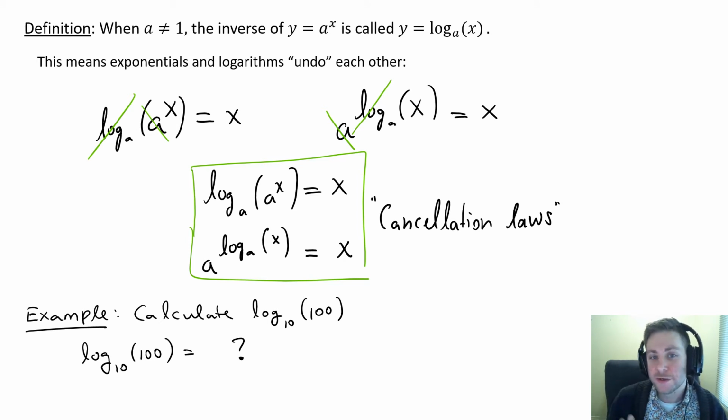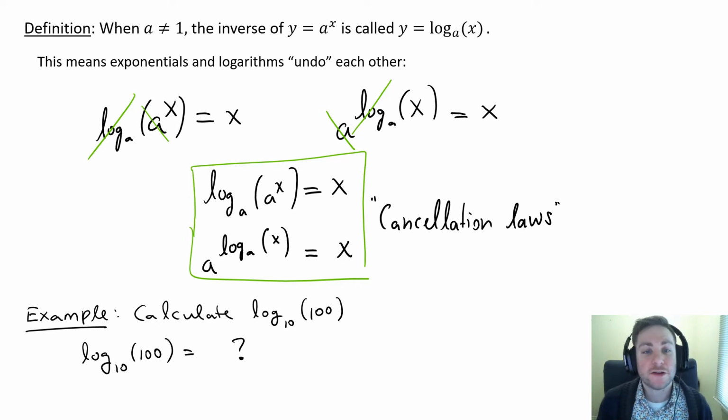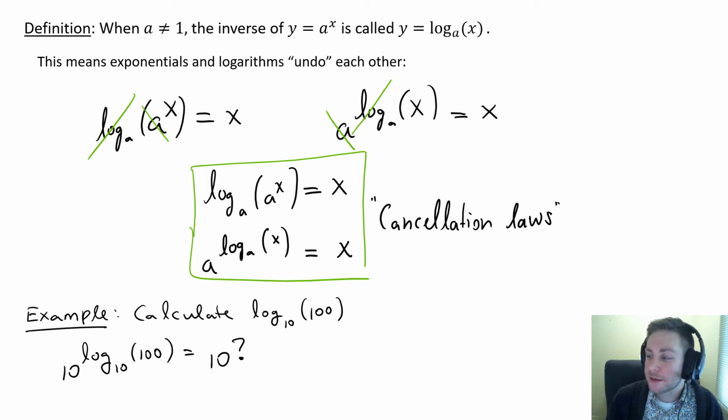The way you understand a logarithm is in terms of its relationship to exponential functions, because we know everything there is to know about exponential functions. So what you can do here is apply a base 10 exponential function to both sides. So on the left side, the cancellation law would apply, leaving us with just 100 on that side. Well, on the right side, this just reads as 10 to the power of question mark.